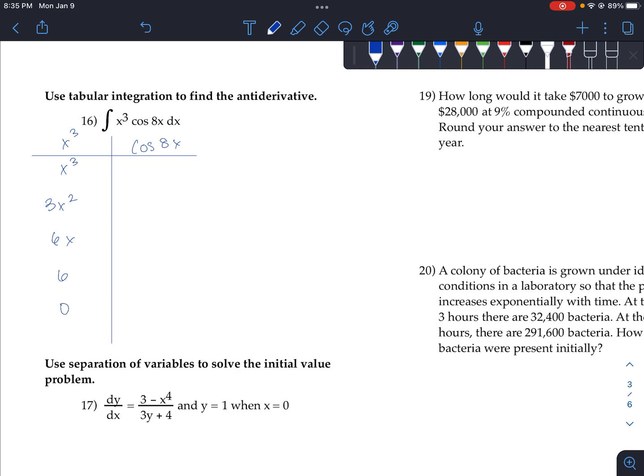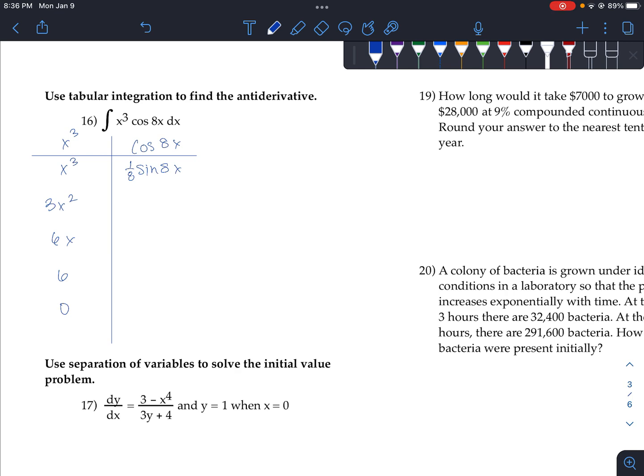The derivative of cosine of 8x, you're going to need a 1/8, and it's not going to be negative, 1/8 sine of 8x. So the derivative of this should be cosine of 8x, which I believe it is.